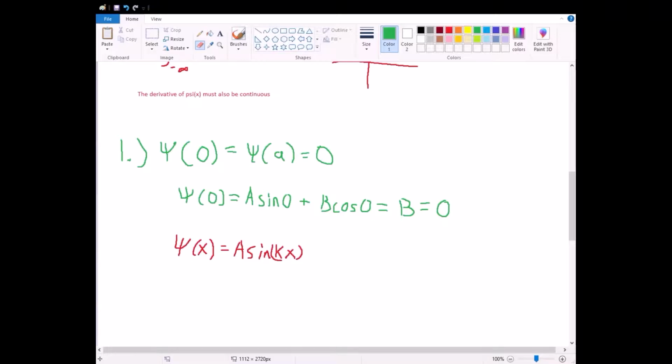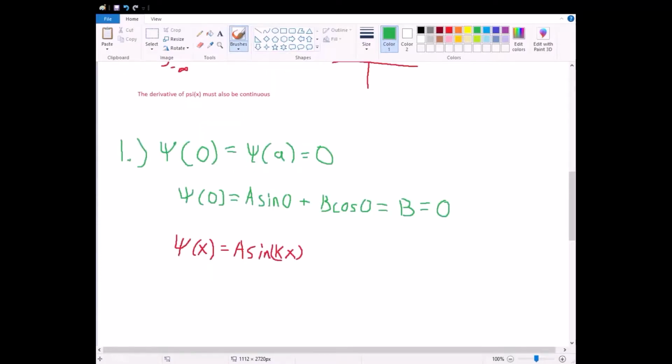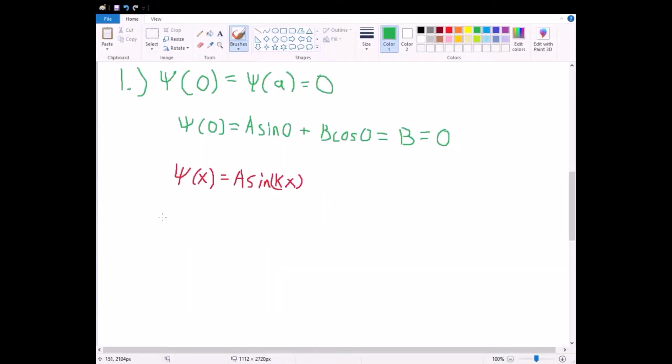Next, we have a few more possibilities. So let's analyze psi of a. So condition 2, we know that psi of a must equal 0. So this equals A times sine of k times a.